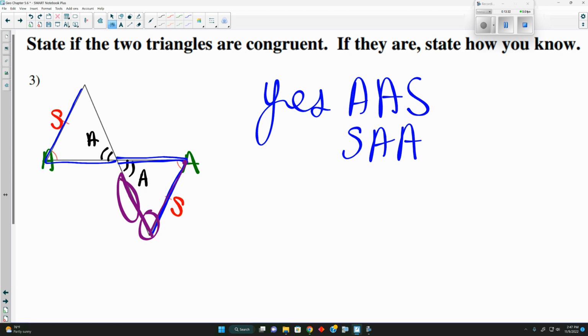If I skip both, we can't do it. Now we can go the other direction because here, if we start here, I have an angle. I don't have a side, but my next one is an angle and a side. As long as I have one or the other as we go around, that's fine. But if I skip an angle and skip a side, we need to go the other way. Does that make sense? Okay.